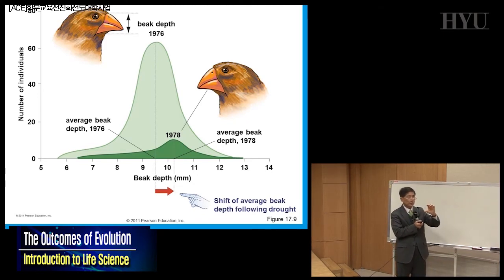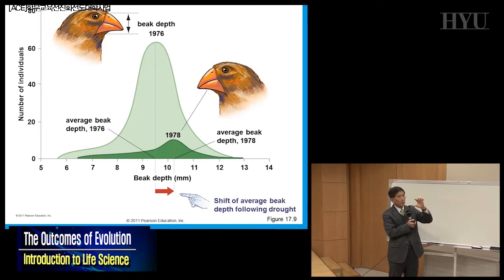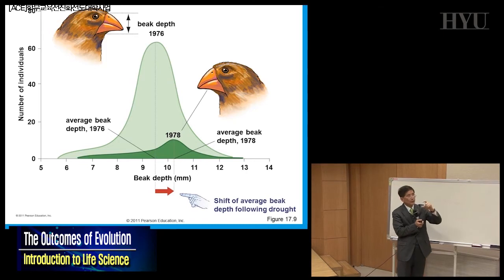Within 1 or 2 years, the birds with bigger beaks were more advantageous to survive, because there was not enough food, so they had to find other foods which are hard to crack. They had to have a stronger beak. So because of the drought, some character was more advantageous to survive. That's what we see here. It's called natural selection.